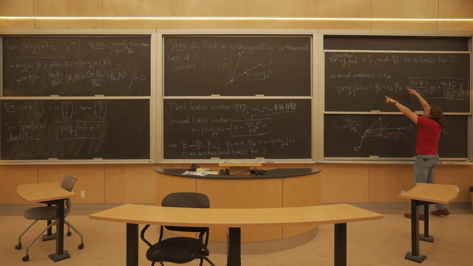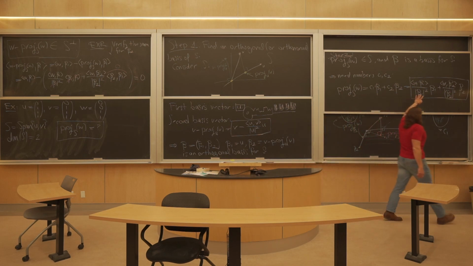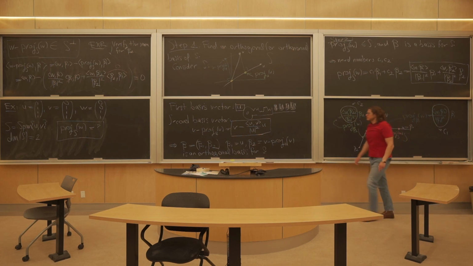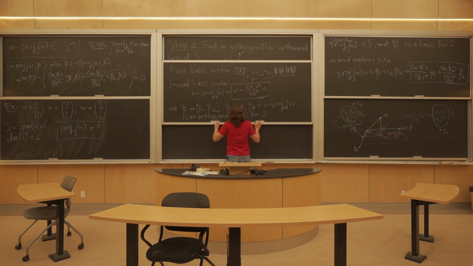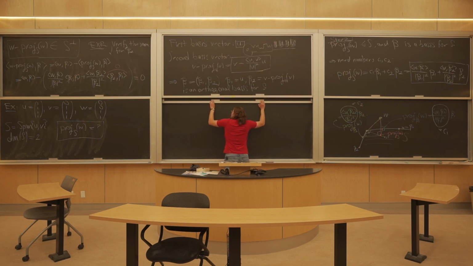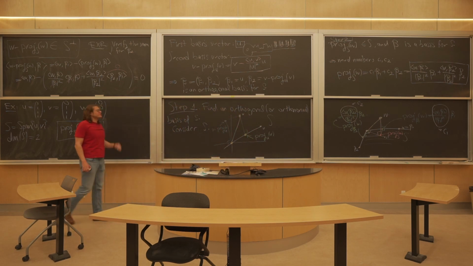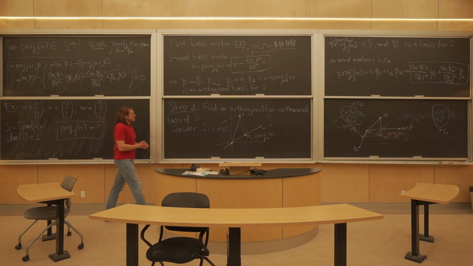But if before starting this I had made sure that beta 1 and beta 2 are of length 1, that is to say, this basis is an orthonormal basis, the later stages would have been much simpler to write down. So I start with step 1. I'm going to find not an orthogonal necessarily, but more specifically an orthonormal basis for S.